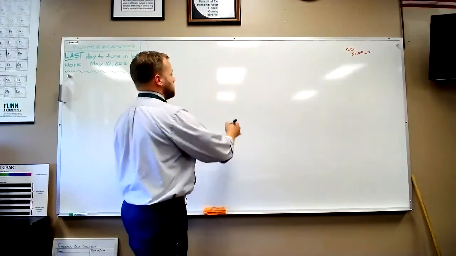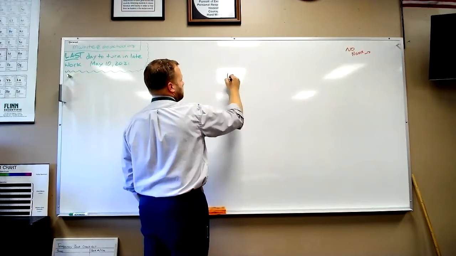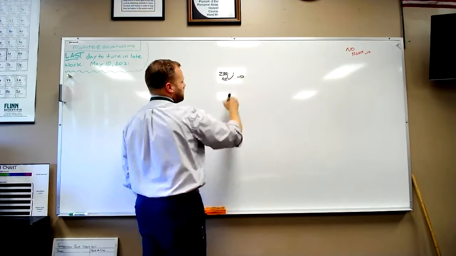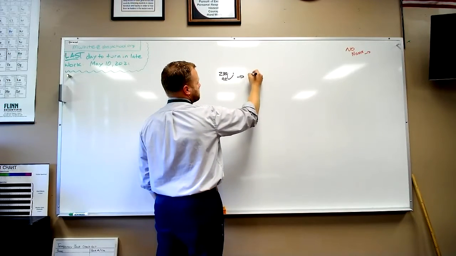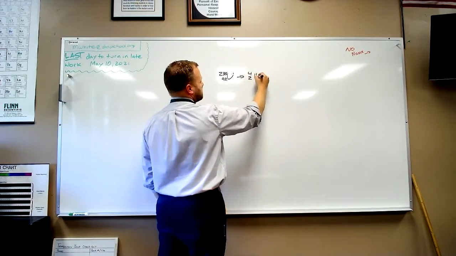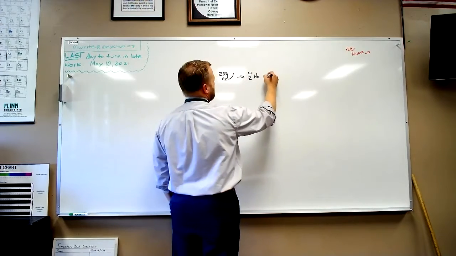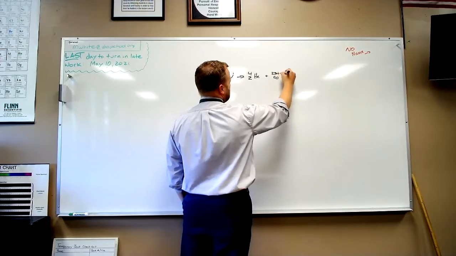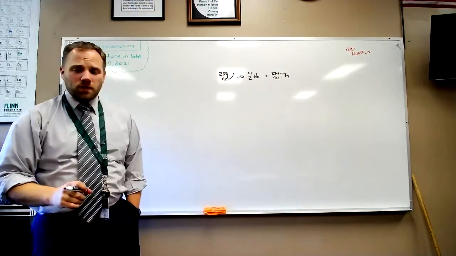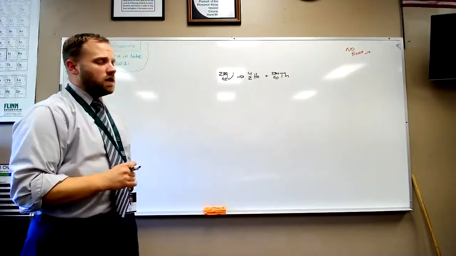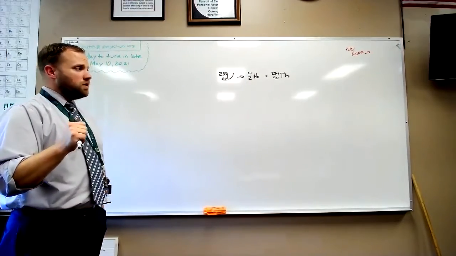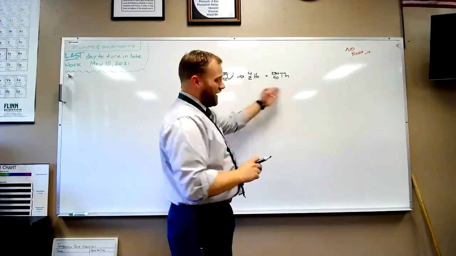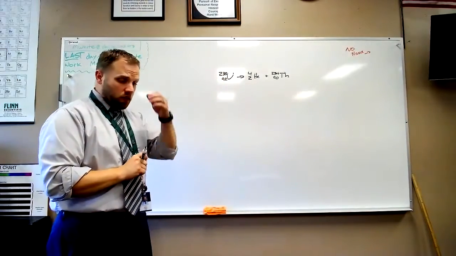So, for example, if we take uranium 238, okay, and it changes, loses this alpha particle, and we are left with thorium 234. Okay, that's transmutation. Now, that is a spontaneous process. If you just have a chunk of uranium 238, that is going to happen by itself.